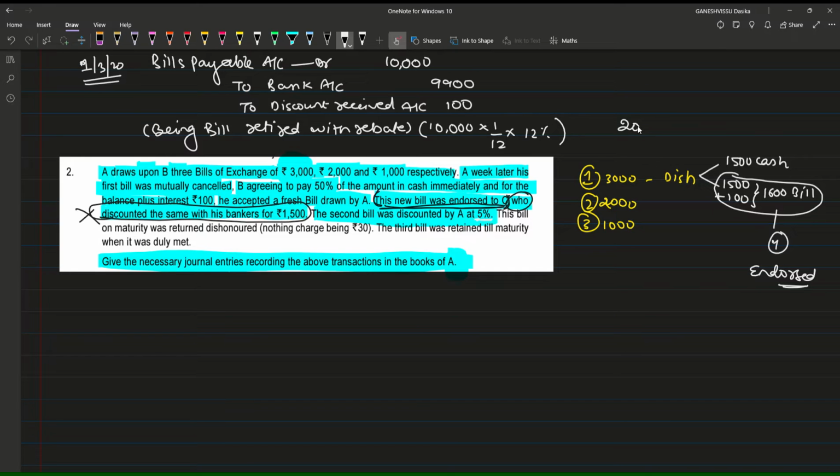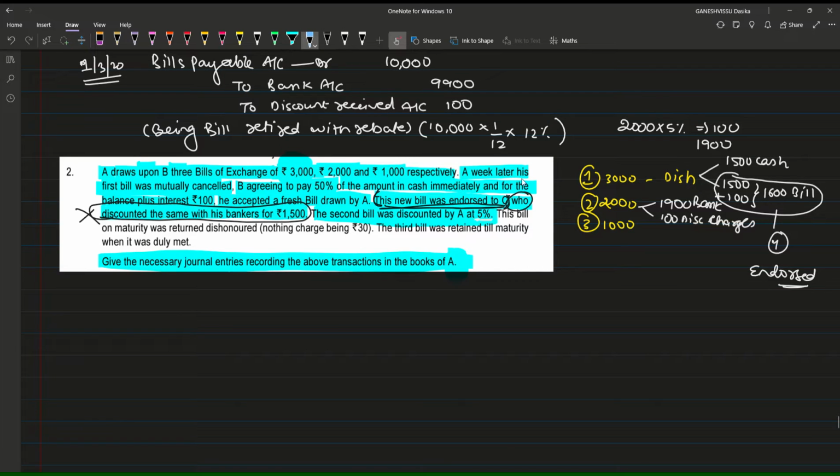That means for 2,000, that has been discounted for 1900 rupees. ₹100 would be discounting charges.